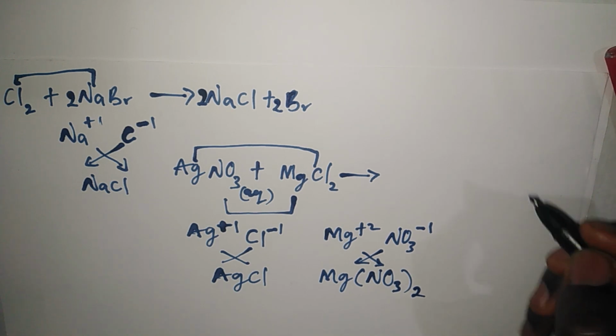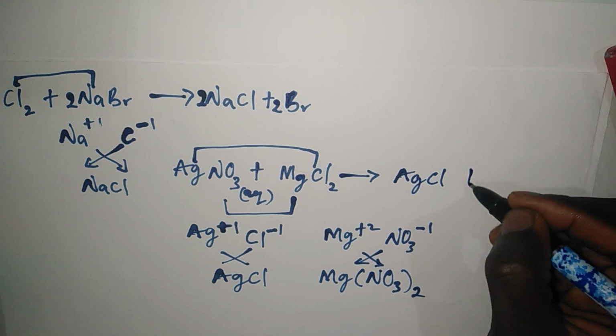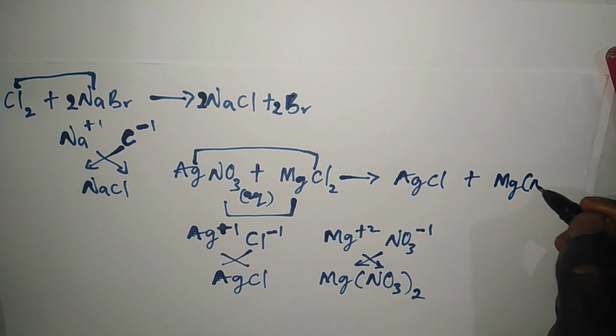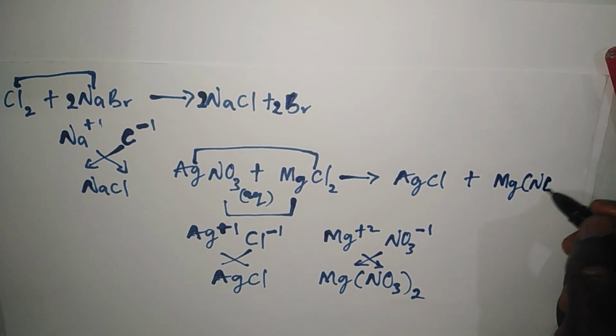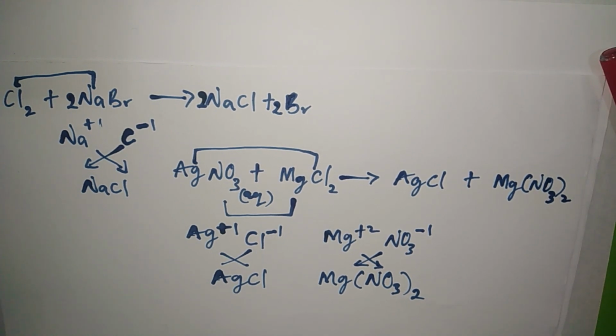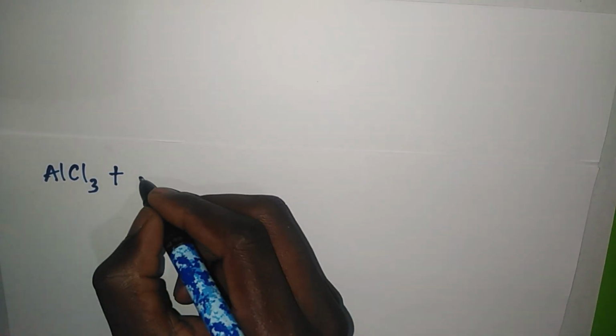So therefore, what we'll have now is silver chloride plus magnesium nitrate. Right? So this is the product of this reaction. So you check if they are balanced, and if not, you go ahead and balance it. So let's take another example. Let's say we have aluminium chloride reacting with sodium sulfate.